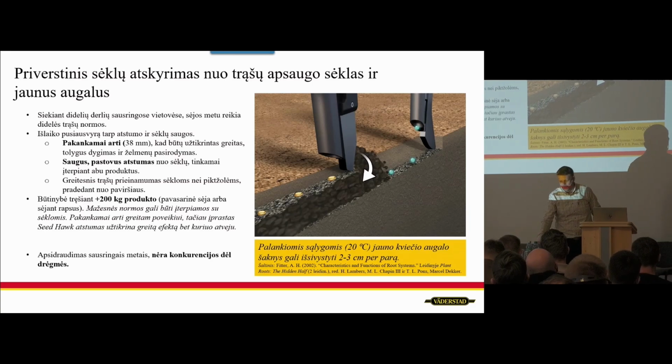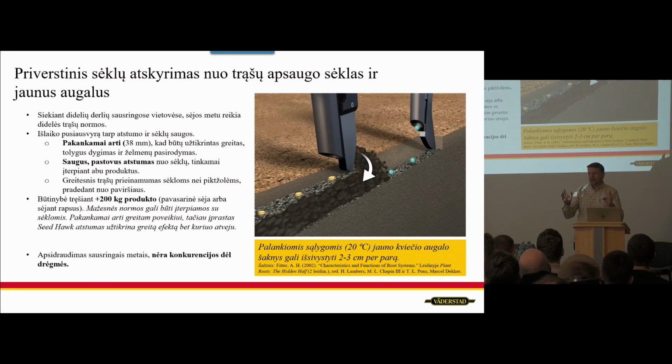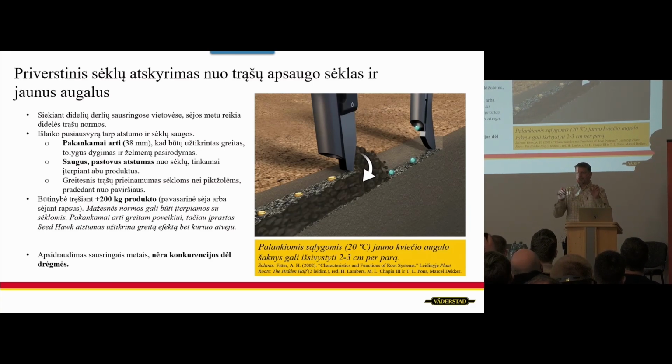Here it's very much about having a distance that is close enough to have a fast contact, far away enough to be safe. And for the fast contact, I looked a little bit at how fast a root actually grows. In optimal conditions, 20 degrees in the soil, a root can grow 2 to 3 centimeters in 24 hours.